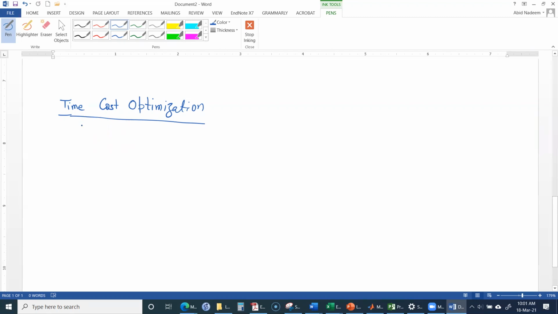Time cost optimization is that when you want to reduce the project duration, the cost will increase.